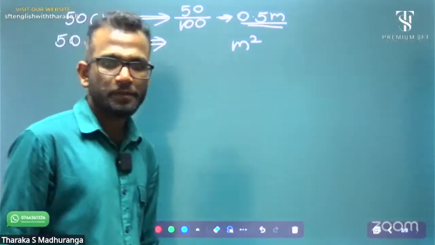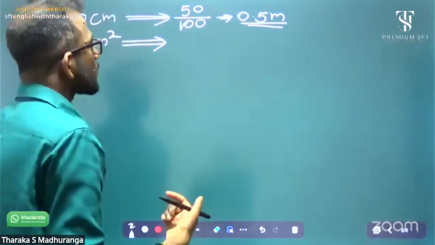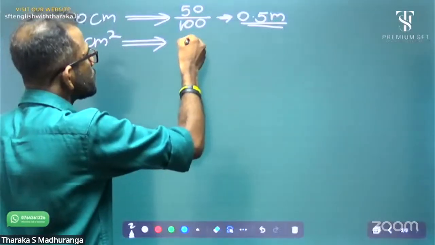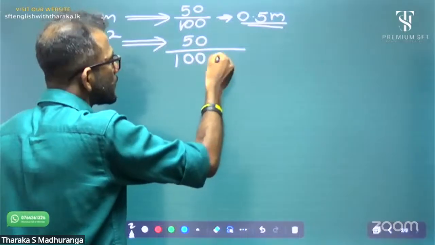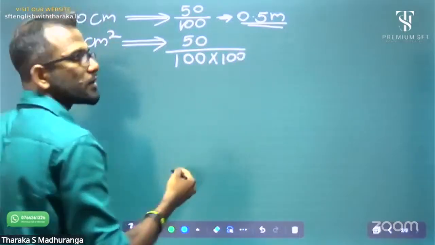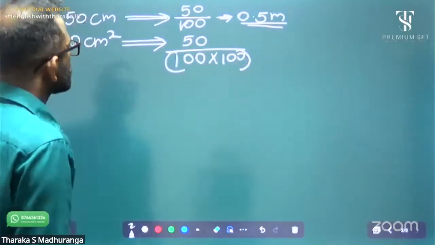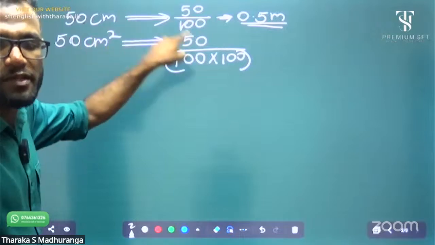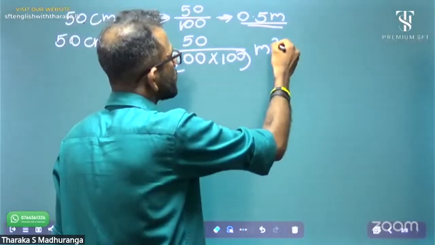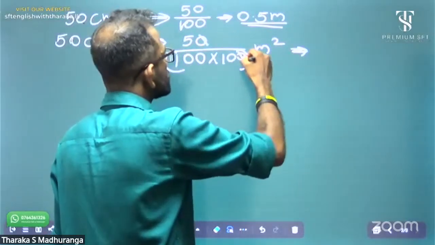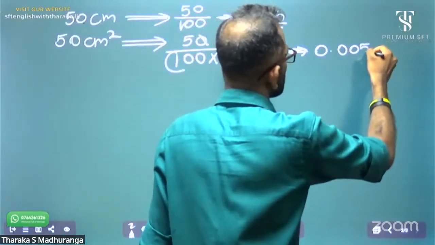Very good. Remember, for length you divide by 100, but because it is square centimeters you have to divide by 100 into 100. Then 0 to 0 cancel, 5 over 1000 means 0.005 square meter.